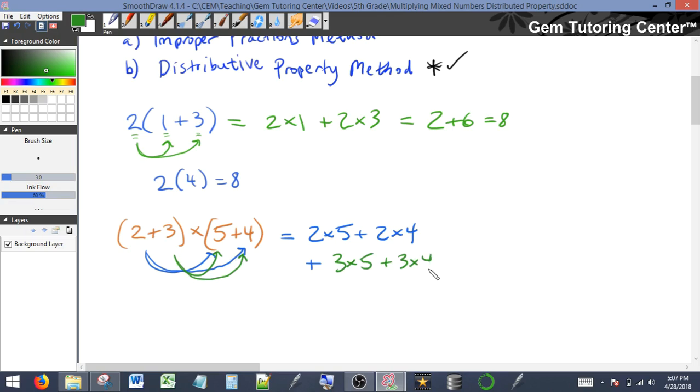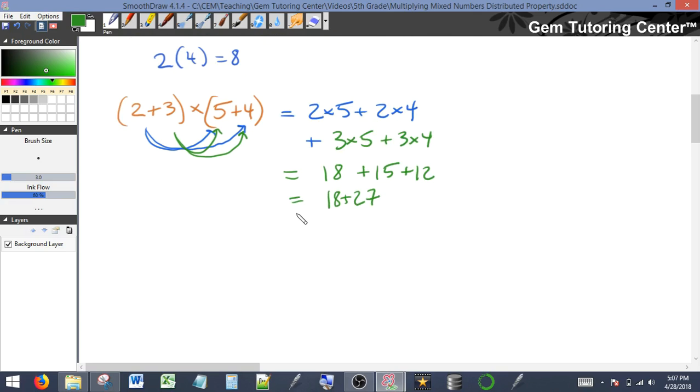So every item in this expression gets multiplied with every item in this expression. So that's going to be equal to 10 plus 8, which is 18, plus 15, plus 12. That's equal to 18 plus 27, which is equal to 45.